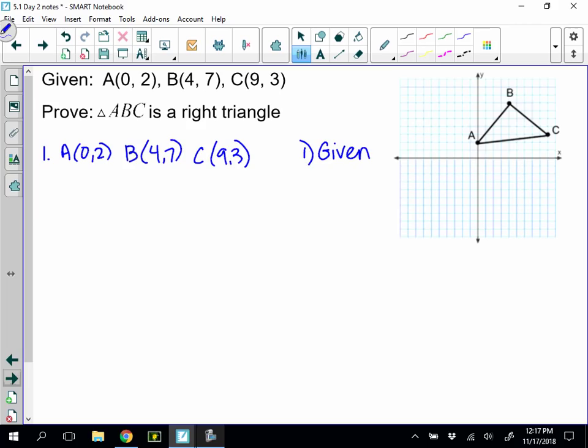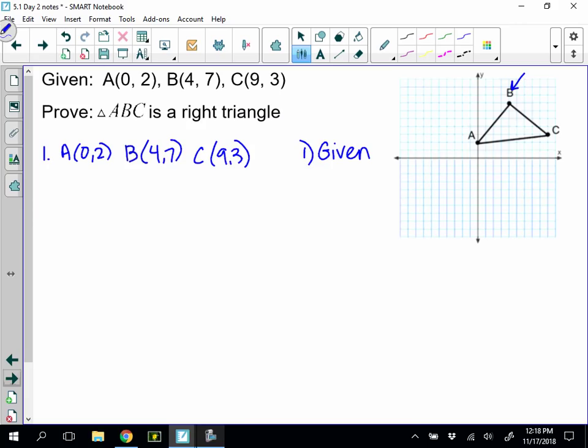Okay, I'm trying to show I have a right triangle. So I need a right angle. So my proof here is getting all the information in there to prove I have a right angle. We are now going to show that angle B is a right angle. Now, I'm on a coordinate plane, so in order to show I have a right angle, I want to show that AB is perpendicular to BC.